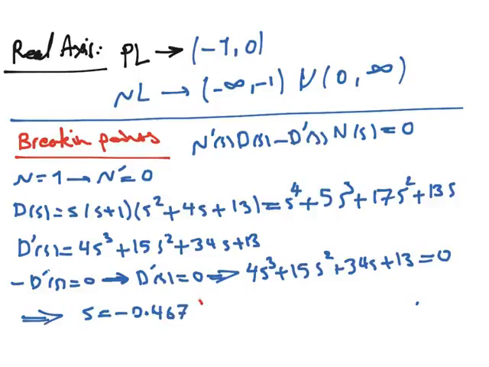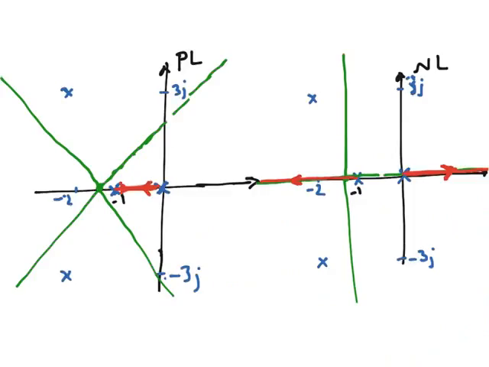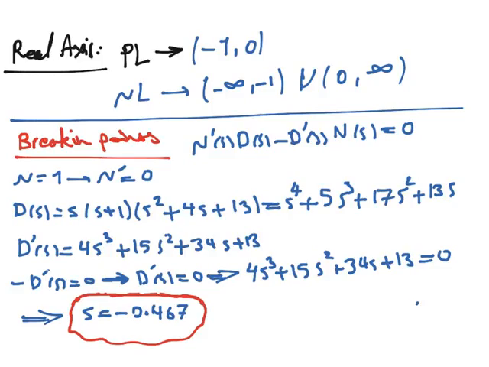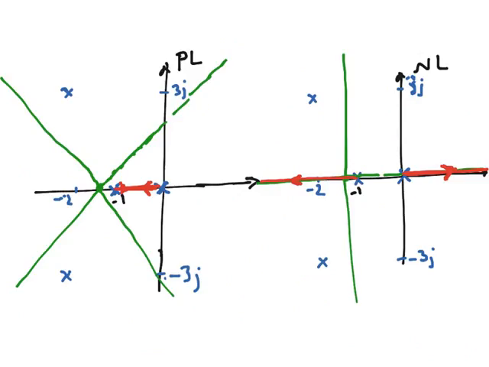You can try to see how you can solve this equation, but here I just provide you the solution. So we have only one break-in point with the value equal to almost minus 0.46. And looking at the root loci that we have, we can see that it belongs to our positive locus because it is somewhere around here, I would say.